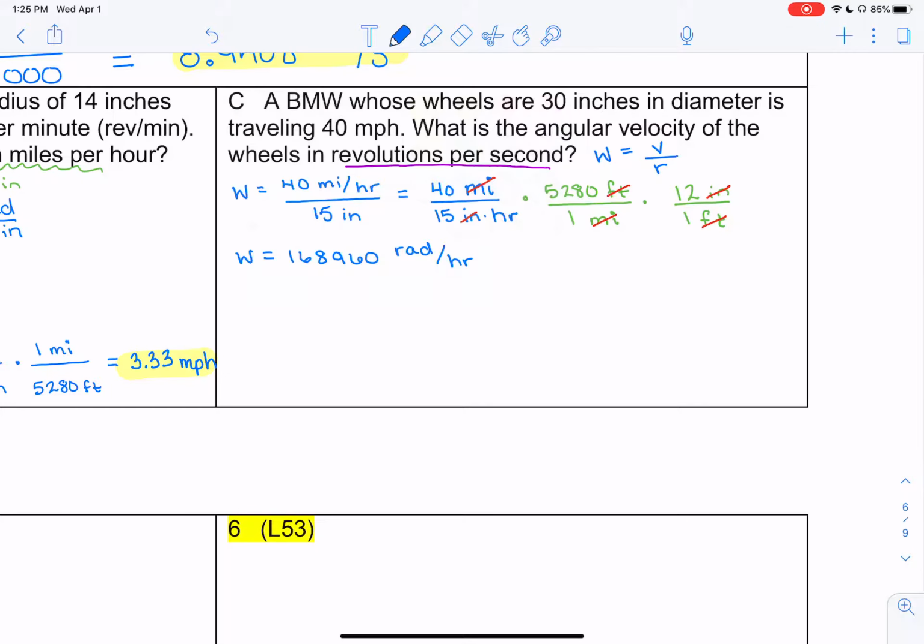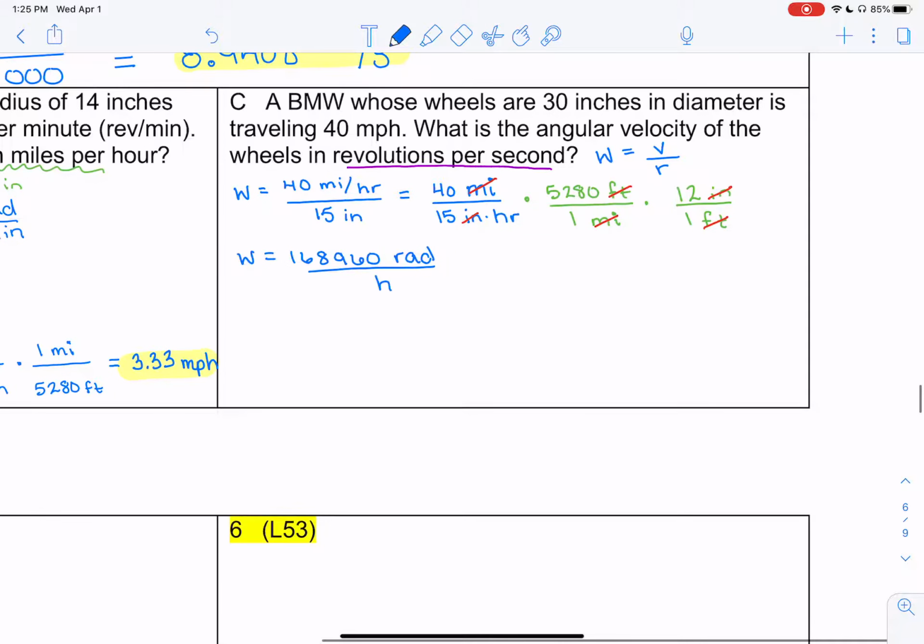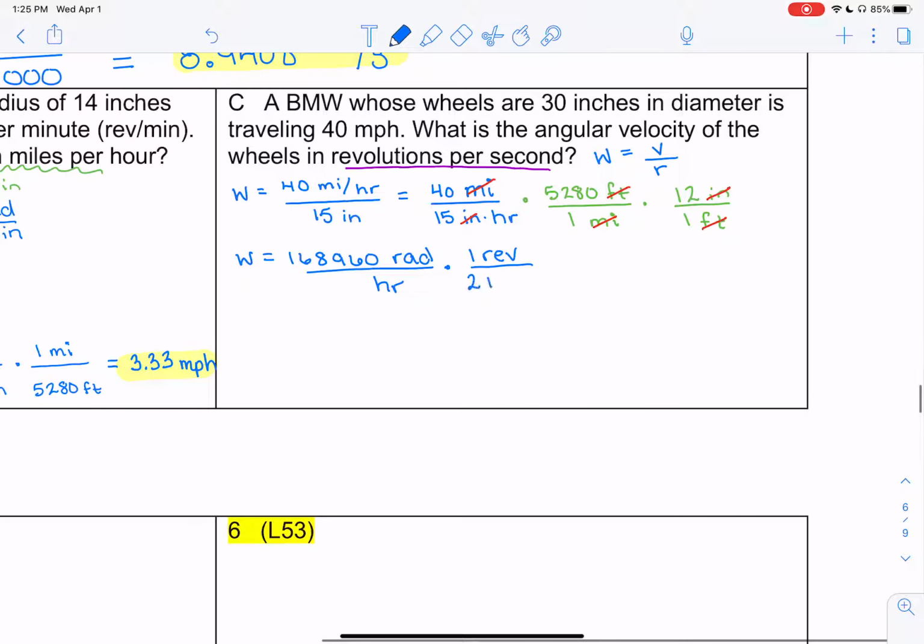So let me set it up as, let me just back up here and write this nicer. This was radians per hour. And now I'm just going to convert it over to revolutions per second. So 1 revolution is basically the same as 2 pi radian. It goes all the way around 1 time.